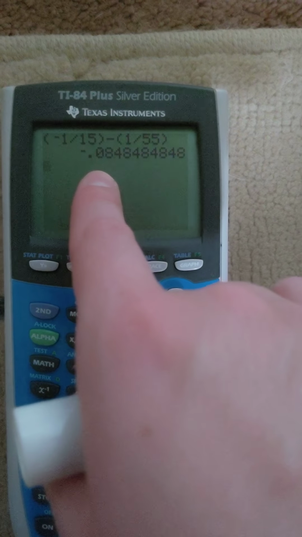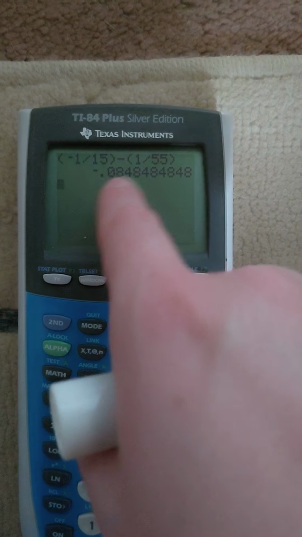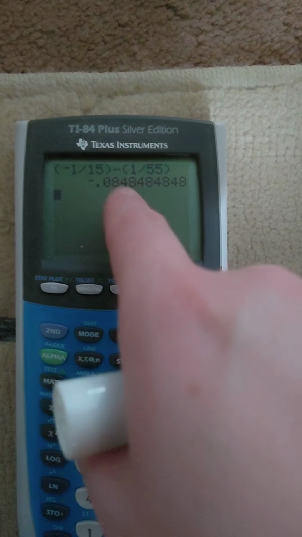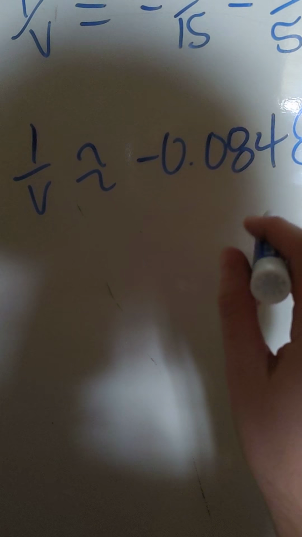We're getting a negative 0.085, but I want to do 4: 0.0848. So 1 over v is about negative 0.0848, and I'm keeping the extra digit for accuracy.